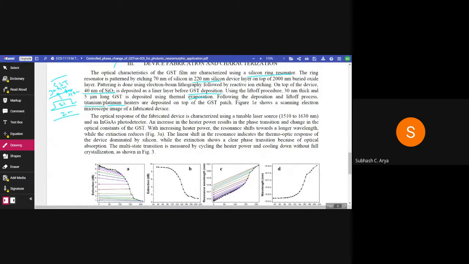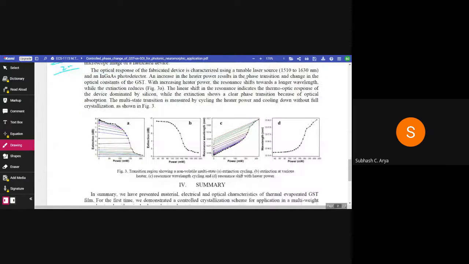The optical response of the fabricated device is characterized using a tunable laser source, 1510 to 1630 nanometer, and an indium gallium arsenide photodetector. An increase in the heater power results in the phase transition and change in the optical constant of GST. With increasing heater power, the resonance shifts towards a longer wavelength while the extinction ratio reduces. In figure 3a, this is the heater power in milliwatts, 0, 50, 100, 150, 200.